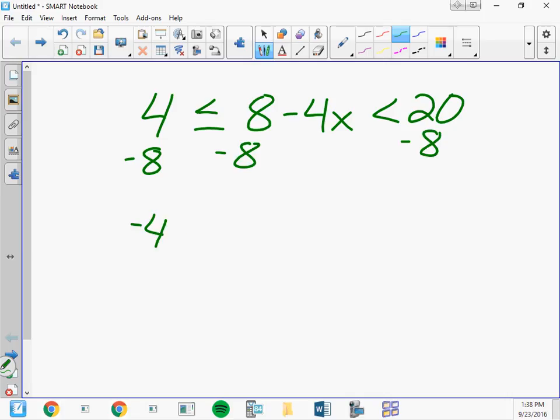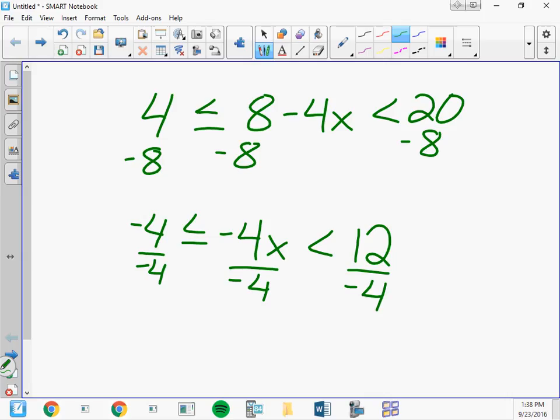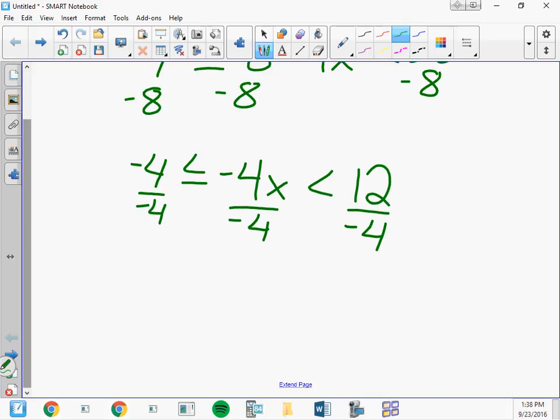Negative 4 less than or equal to negative 4x less than 12. Divide by negative 4, and what is that going to do? It will switch both inequalities. 1 greater than or equal to x, which is greater than negative 3, and it still works.